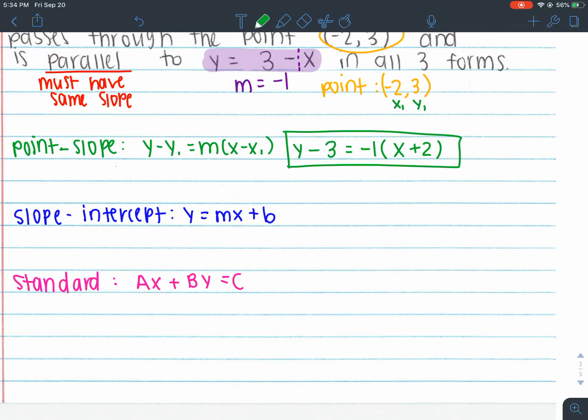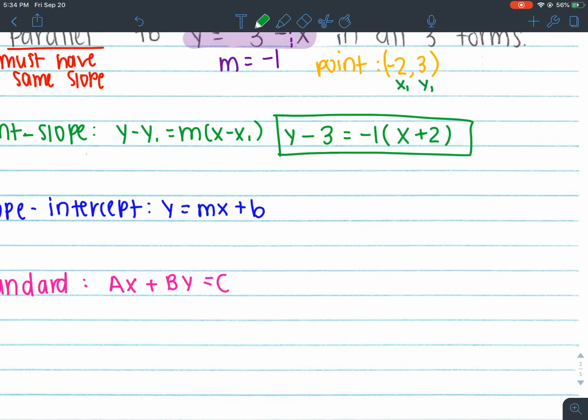Well, from point slope form, we got to get to slope-intercept form. So we have y minus 3 equals -1 times x plus 2. And to get it to slope-intercept form, I got to get y by itself. So here I'm going to distribute. I'm going to do -1 times x, which is -1x, or just -x. -1 times 2, which is -2.